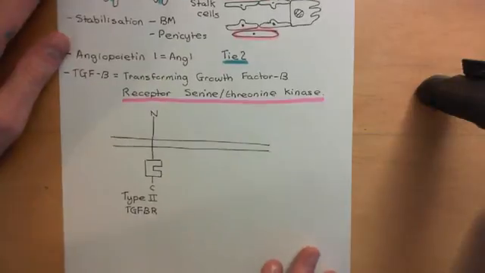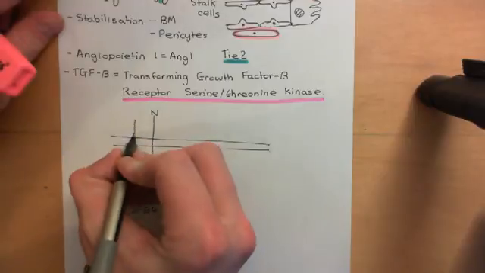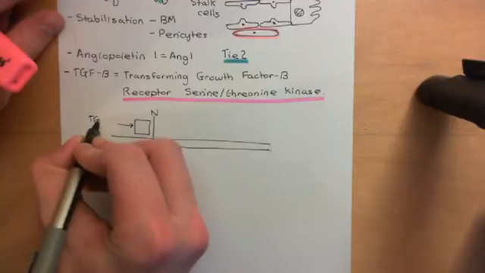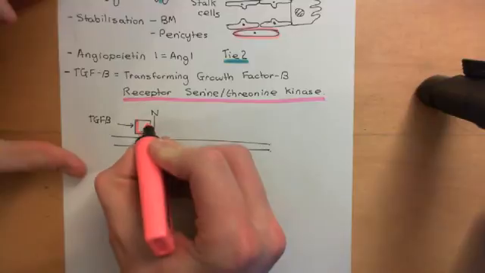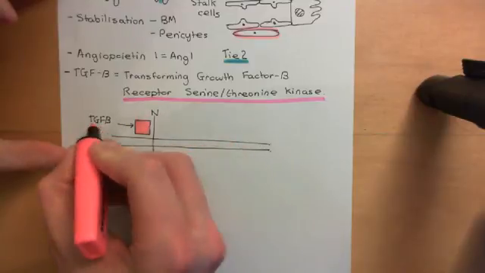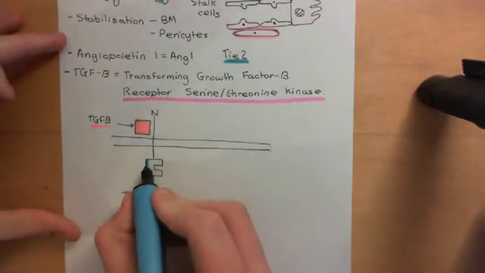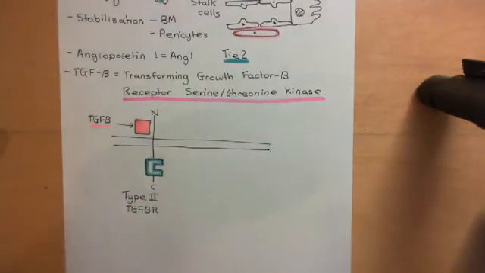Okay, right. Now, the type 2 transforming growth factor beta receptor is the one that the ligand binds to. So here is our transforming growth factor beta binding to our type 2 transforming growth factor beta receptor. I'll colour in the transforming growth factor beta in red here. It binds to the receptor, causes conformational changes in this type 2 receptor, and this allows it to dimerize with the type 1 transforming growth factor beta receptor.